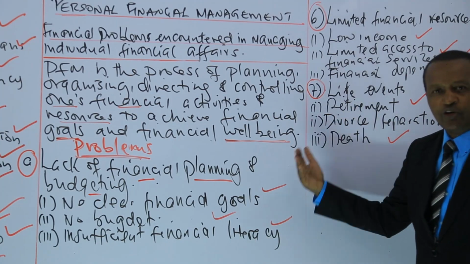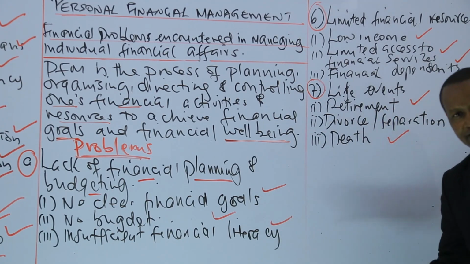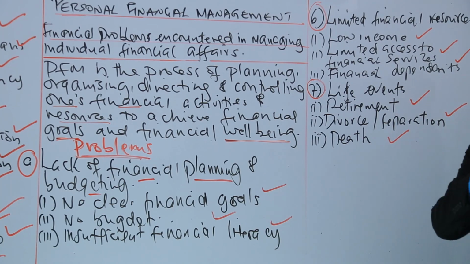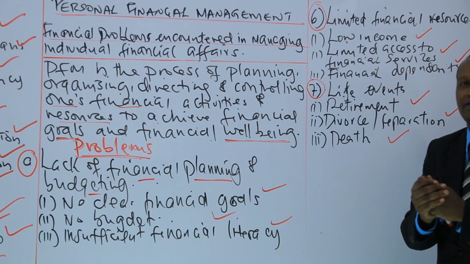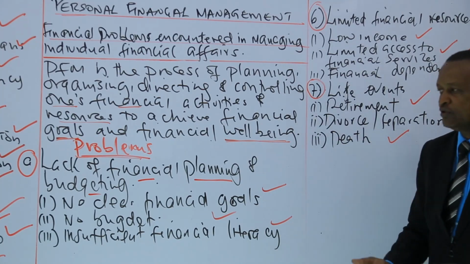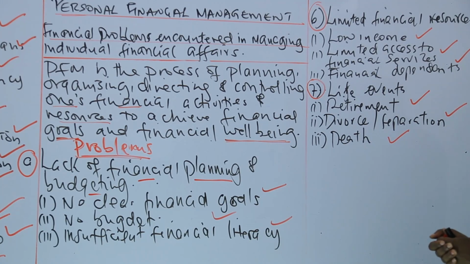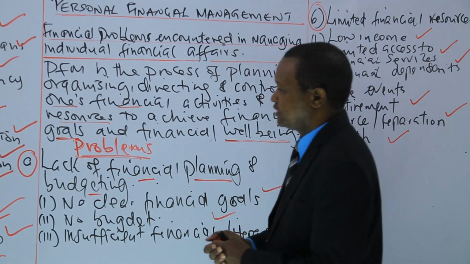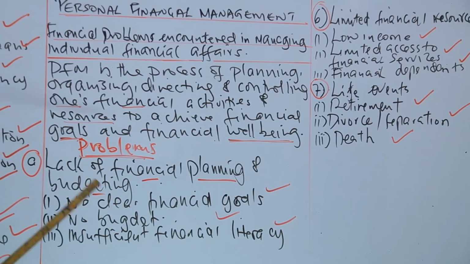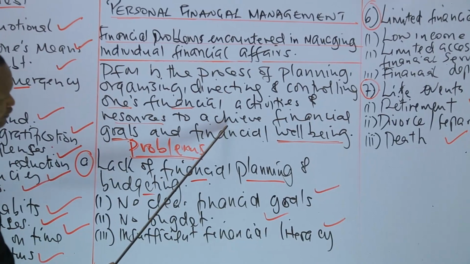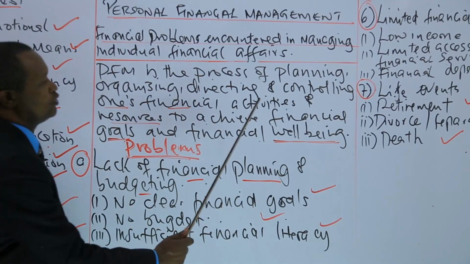By recognizing these challenges, and by taking proactive steps to manage your finances, you can improve your financial well-being and achieve your long-term goals, because we've seen that that is the objective of personal financial management, to achieve financial goals and financial well-being.